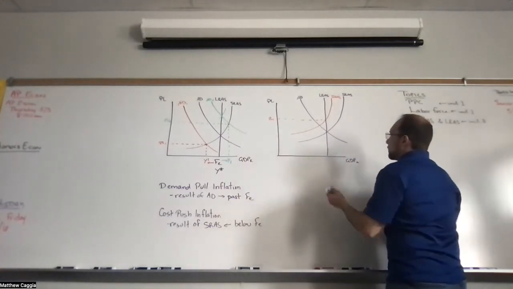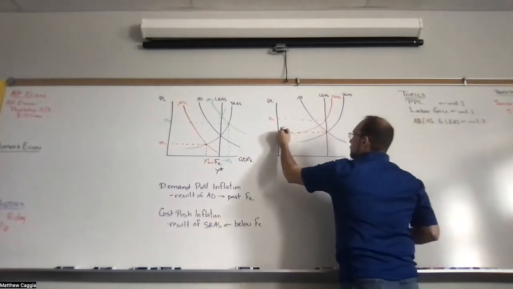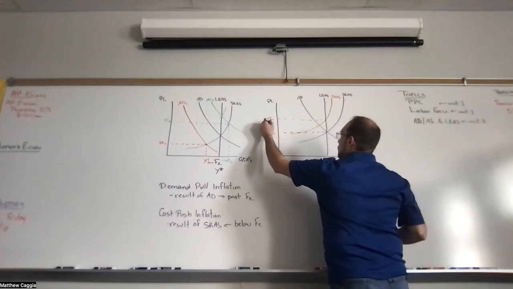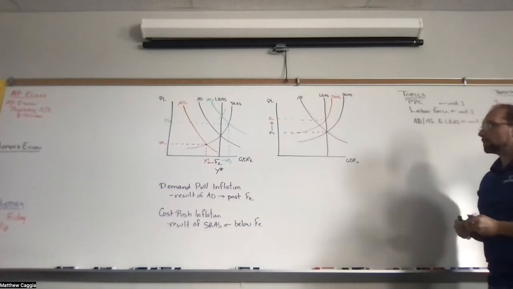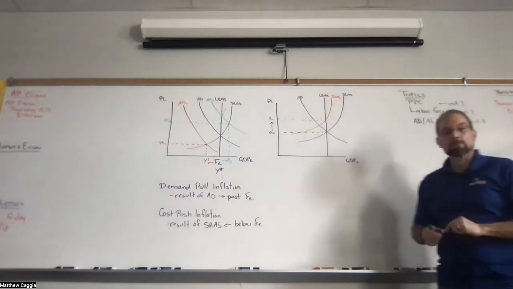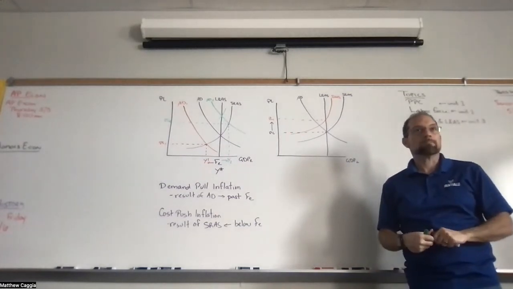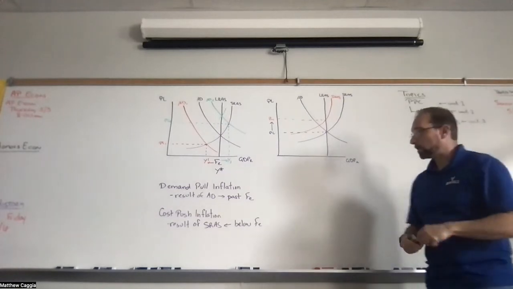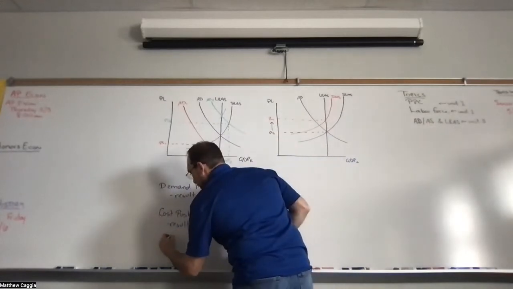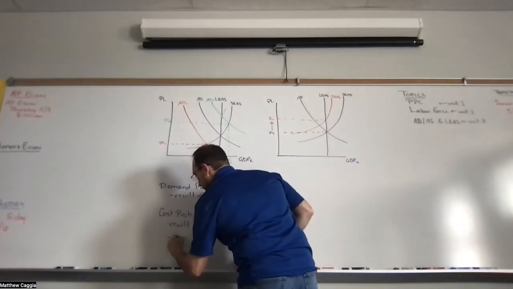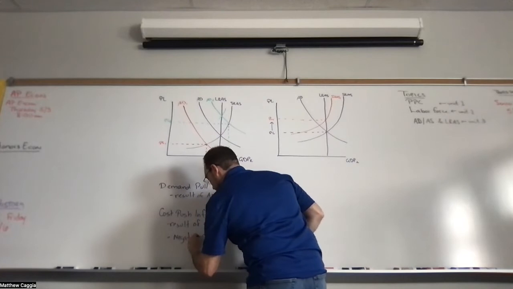So we went from this happy medium to that one because aggregate supply shifted to the left. Usually that's the result of something outside of our control. It's usually the result of a negative supply shock.